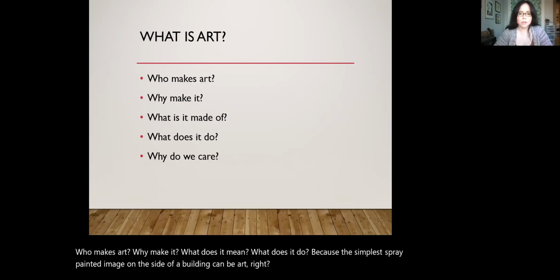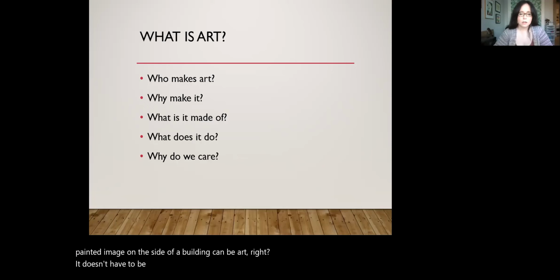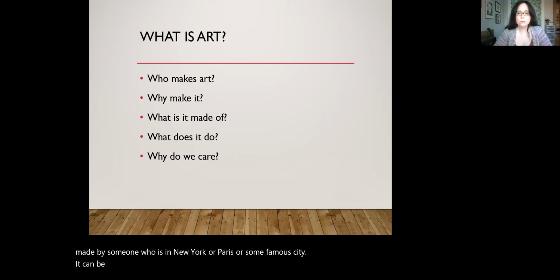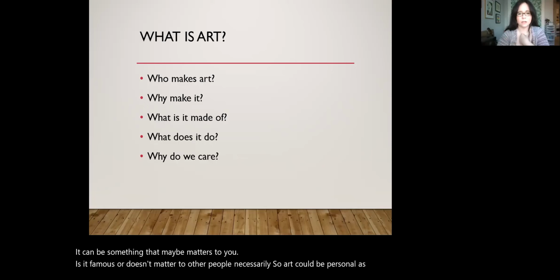It doesn't have to be something made by some famous person. It doesn't have to be something made by someone who is in New York or Paris or some famous city. It can be something that maybe matters to you, but isn't famous or doesn't matter to other people necessarily. So art can be personal as well as public, as well as something more society-based.